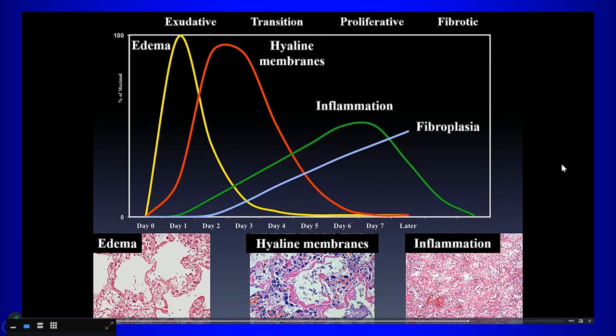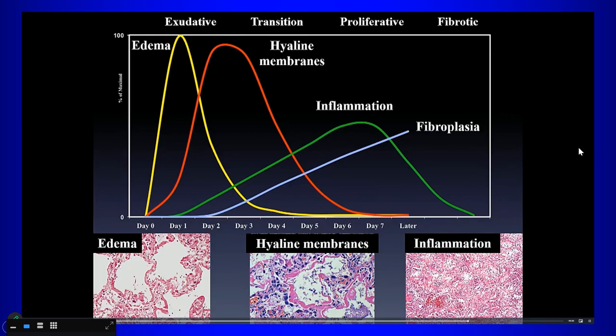Now, as far as the phases of ARDS, there's the edema phase, and these phases can overlap, then the formation of hyaline membranes, inflammation, and the fibrotic phase. So it goes through these different phases, and you can see how the progression goes in terms of days.